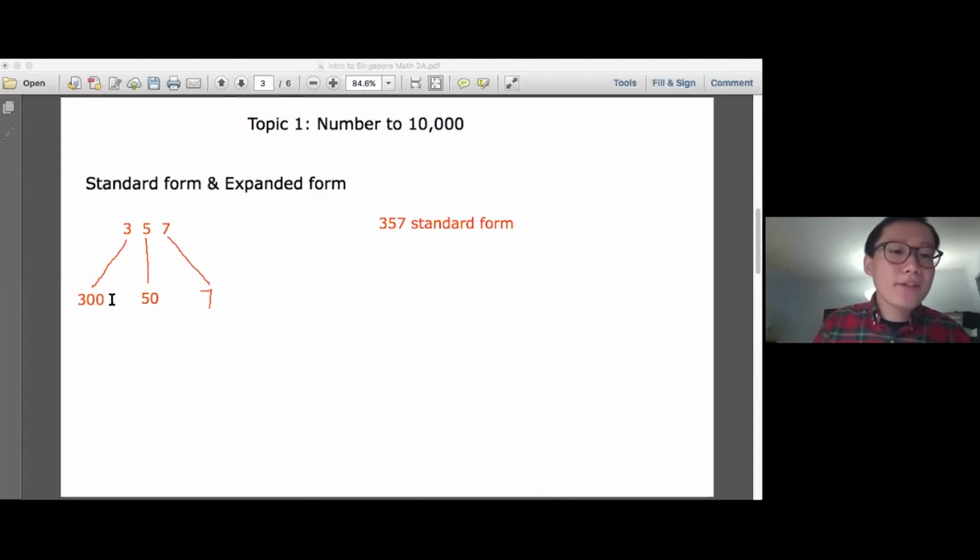If we add them, 300 plus 50, and then plus 7, this is called the expanded form of 357. Okay? So we say 300 plus 50 plus 7 is the expanded form.